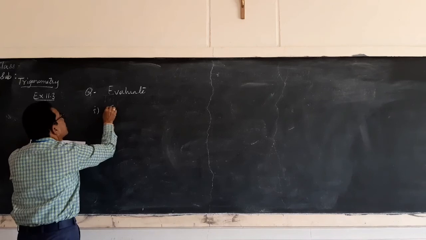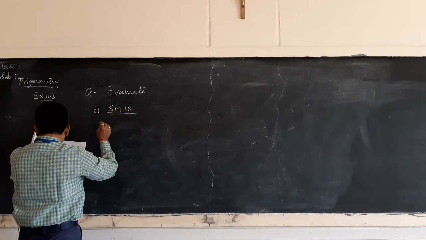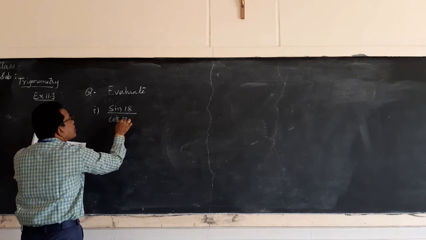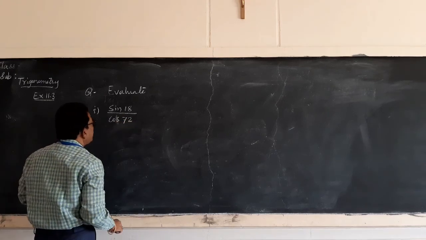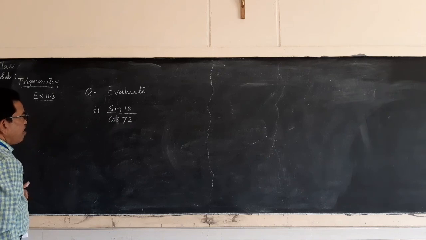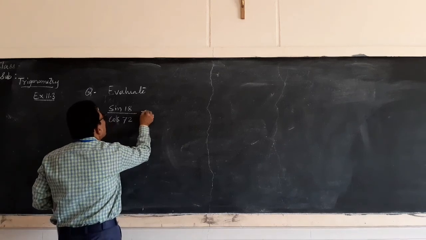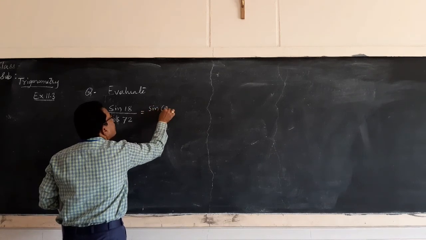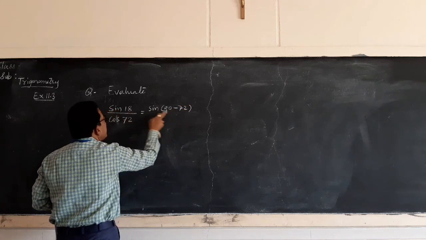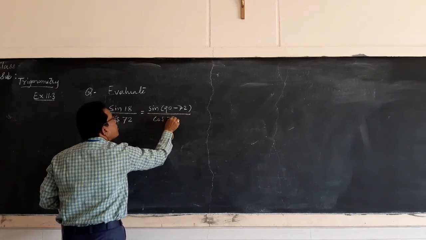Sin of 18 divided by cos of 72. Sin of 18 equals cos of 72, that is equals sin of 90 minus 72. 90 minus 72 is 18. So divided by cos of 72.